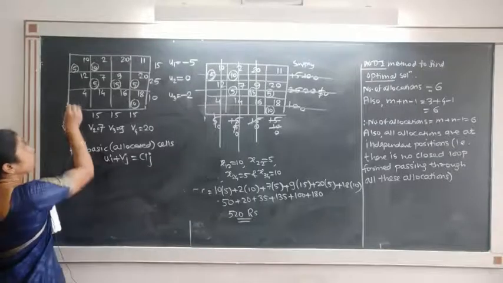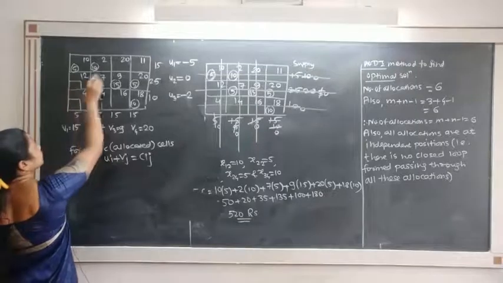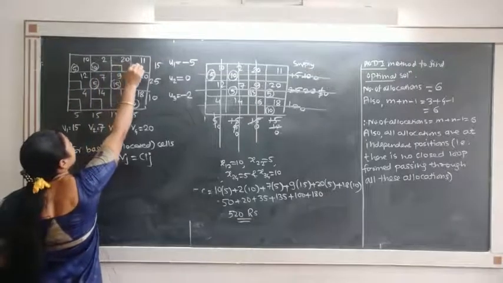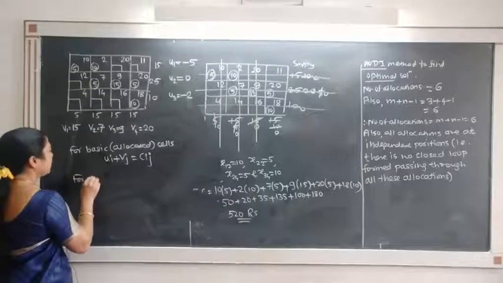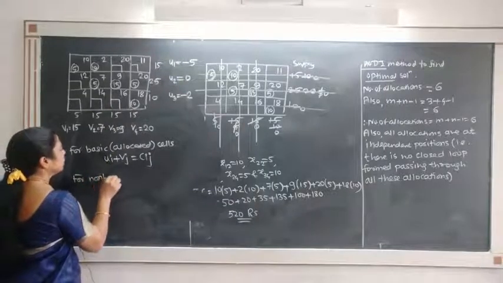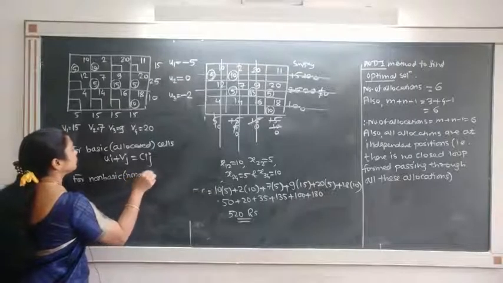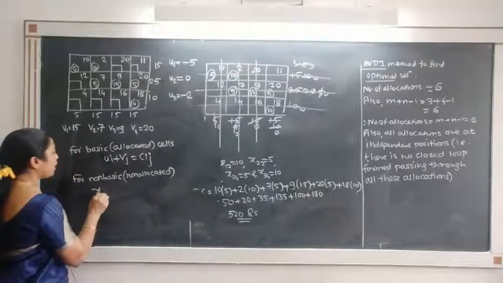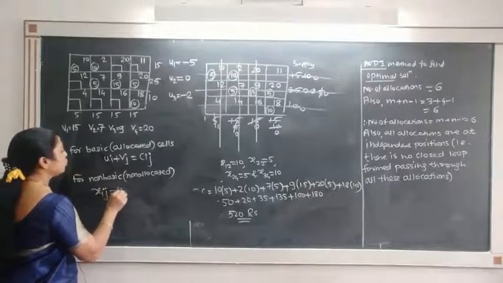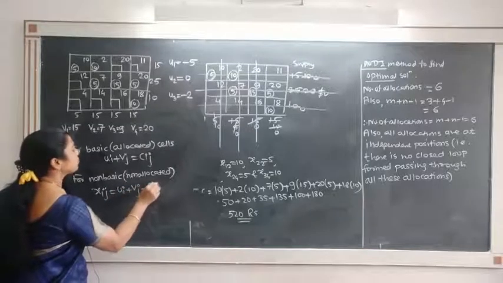Now we will find the values of non-basic variables. In this square, we find the values of non-basic variables. For non-basic variables, that is non-allocated cells, we have the formula Xij is equal to Ui plus Vj minus Cij.